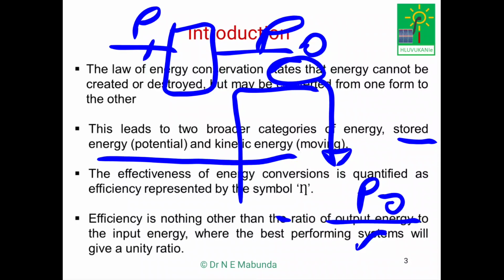So input energy in the form of power into output energy will give you efficiency. Whether it's power or energy, it's the same. Remember, power is just the rate at which energy is given or taken.